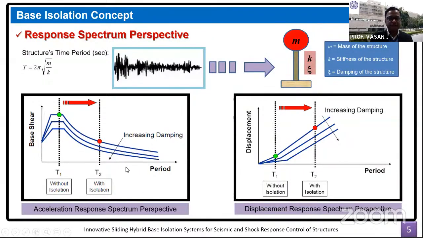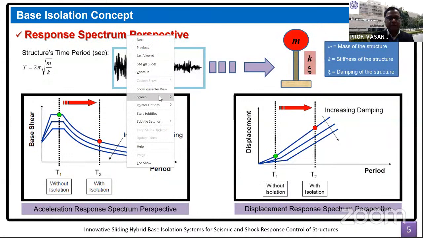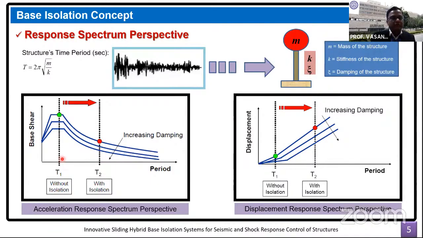So essentially, when we talk about a structure, it's the fundamental frequency. If it is in the time period zone where it attracts a significant amount of spectral acceleration and corresponding seismic base shear, our intention is to shift this time period to that zone of time periods where it will attract lesser spectral accelerations and corresponding base shears.